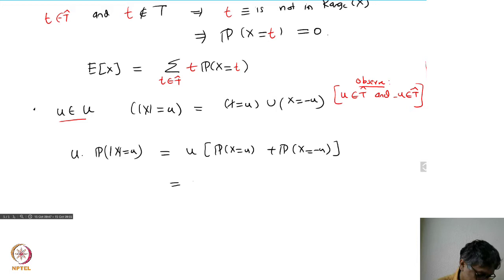And that's the same as u times probability x equal to u plus u times probability x equal to minus u.